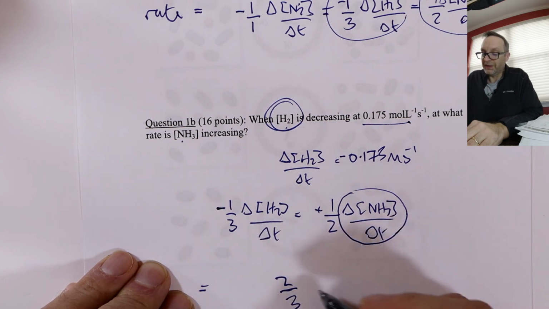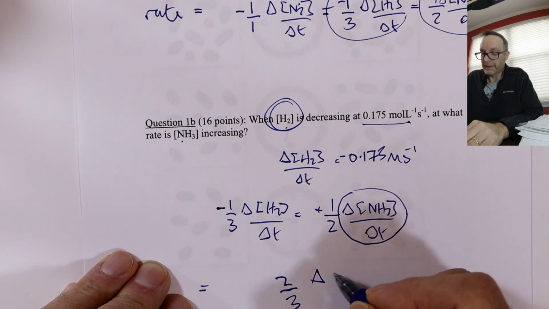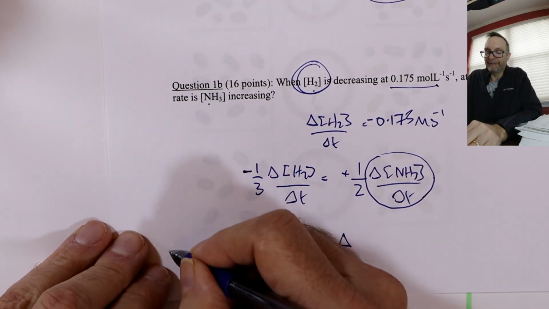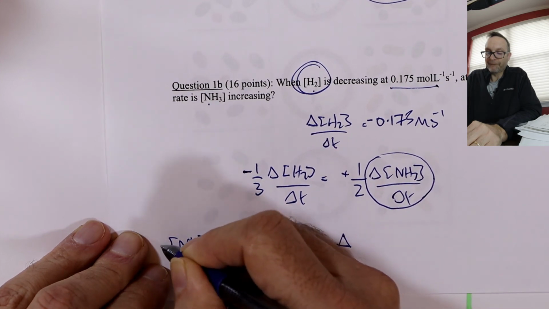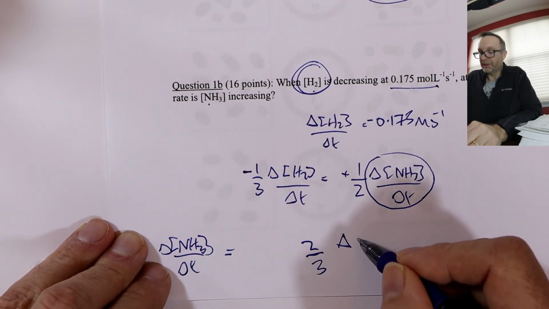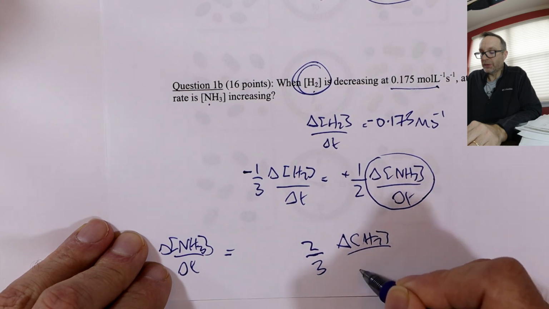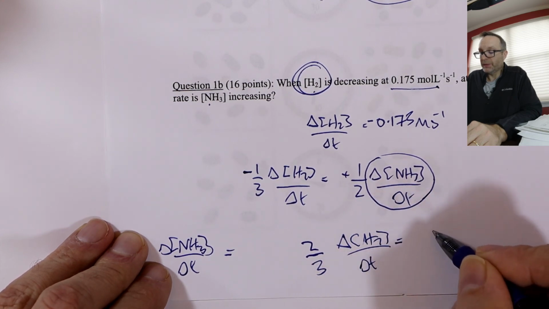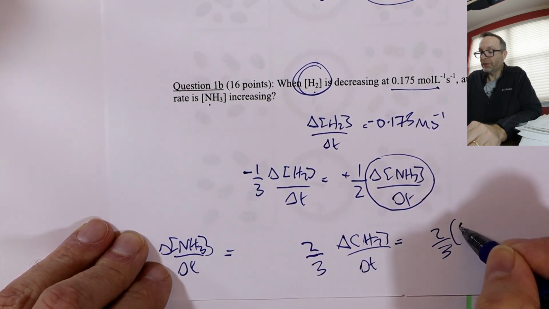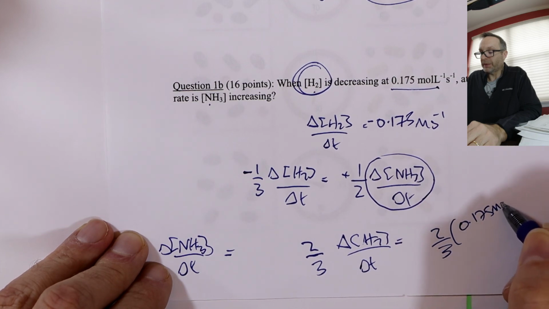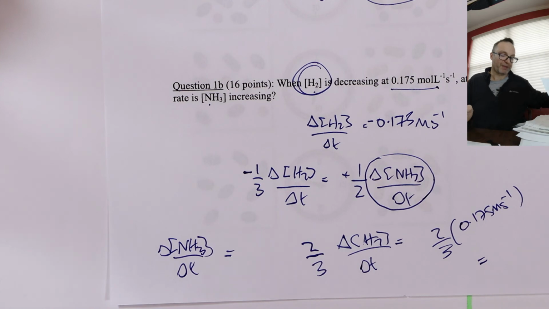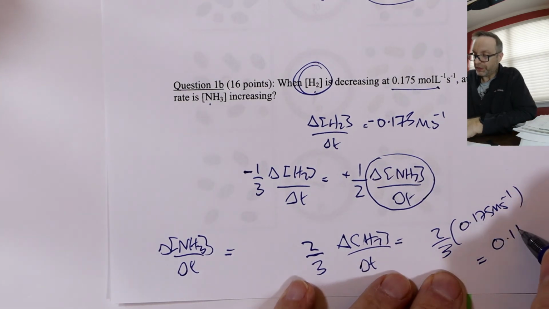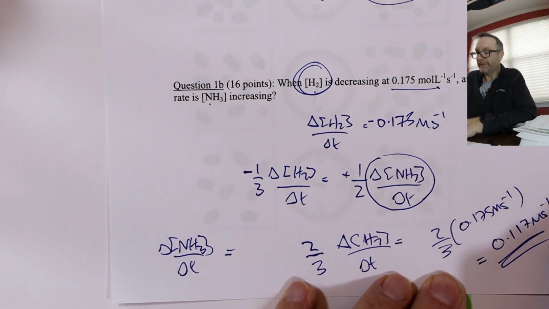So this just goes over here, 2 over 3 times, let's just write it. So it equals 2 over 3 times the rate of H2, which equals 2 over 3 times 0.175 moles per liter per second, which equals, let's see what this book says, 0.117 moles per liter per second.